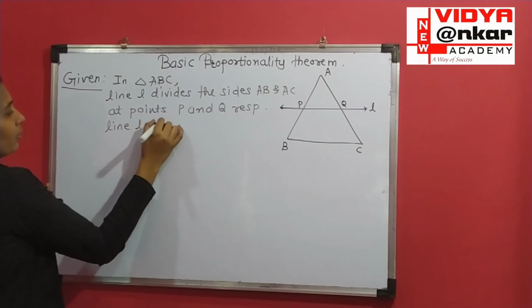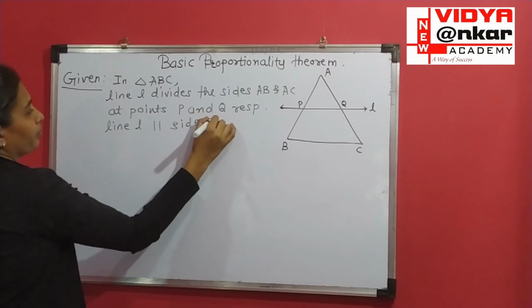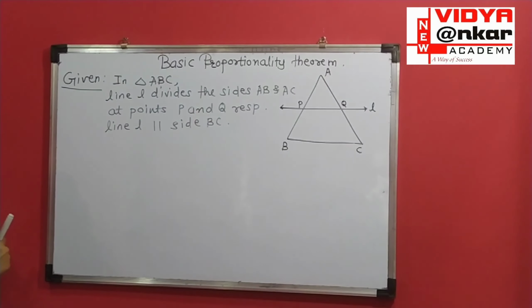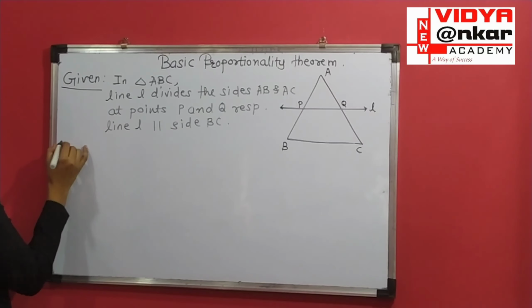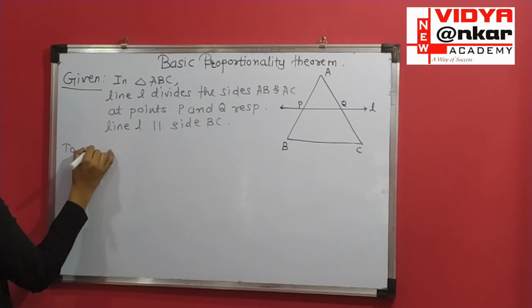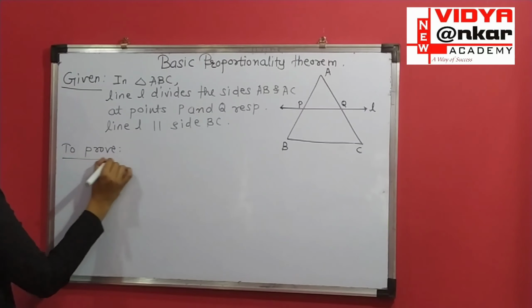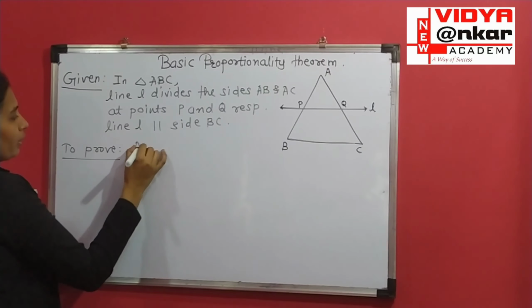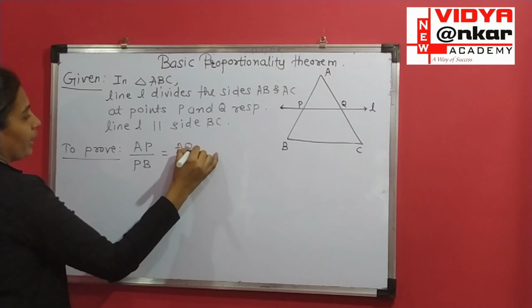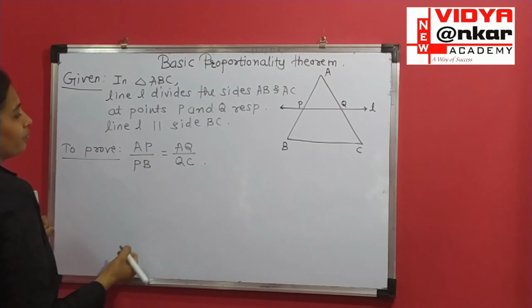Line L is parallel to side BC. This is given. And what we have to prove, I will write here, to prove: AP upon PB equals AQ upon QC.